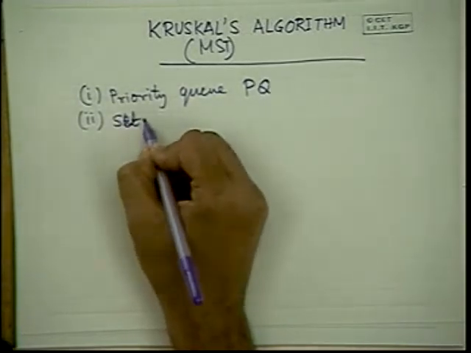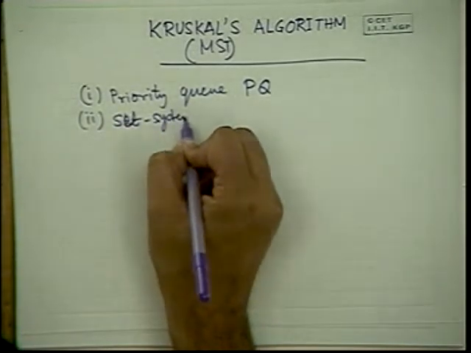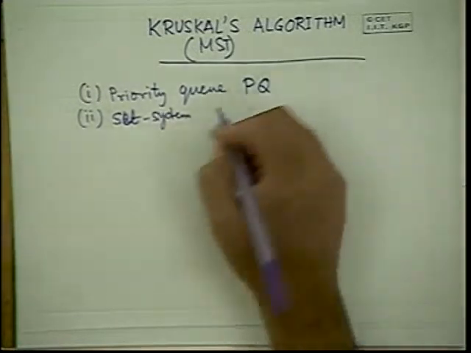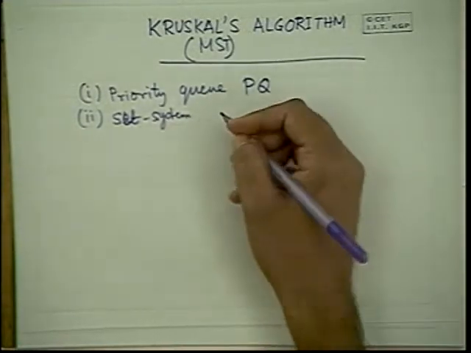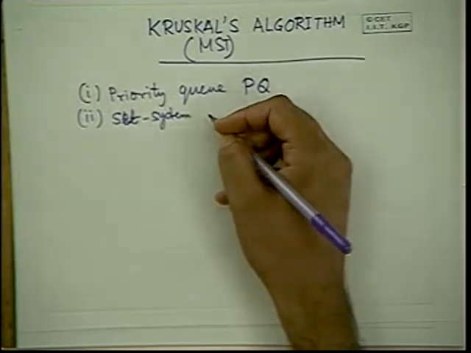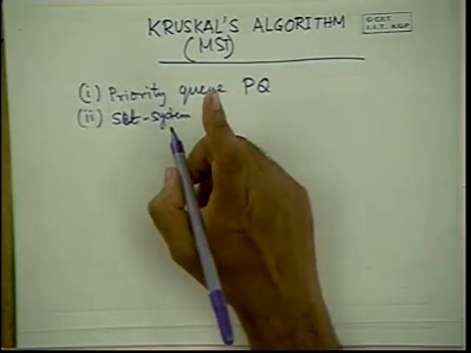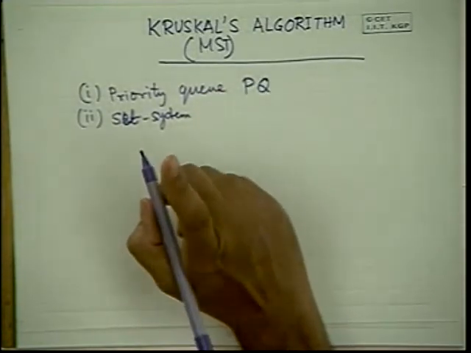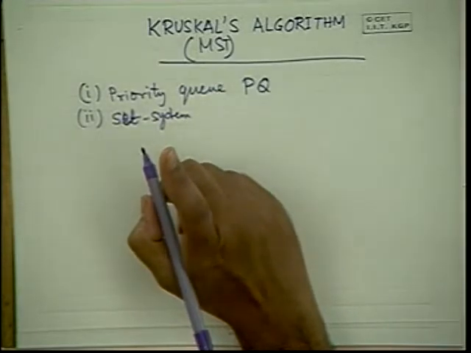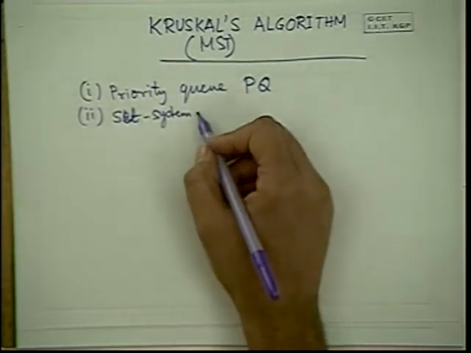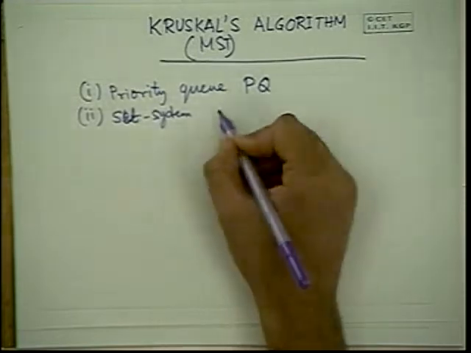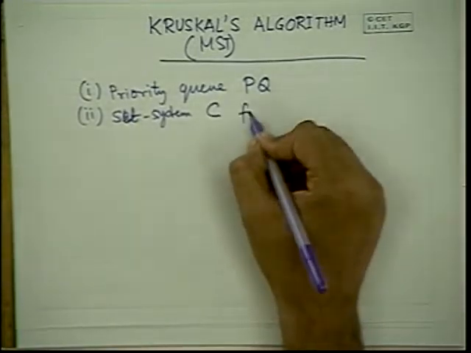What is a set system? Basically it maintains a set of some objects, a set of sets. The objects are sets again. So it's a set of sets. We'll see how to maintain this later. So this is a set system C for the vertices.